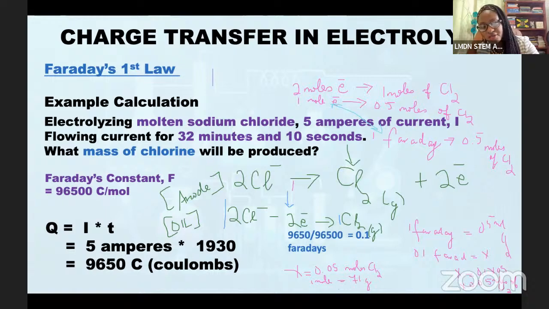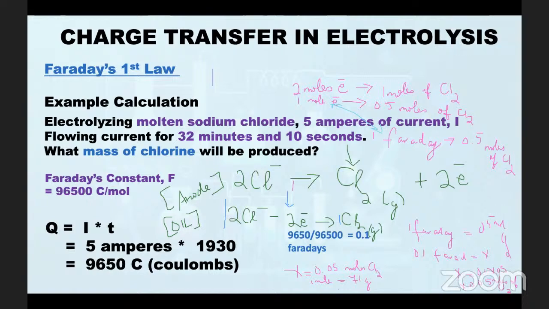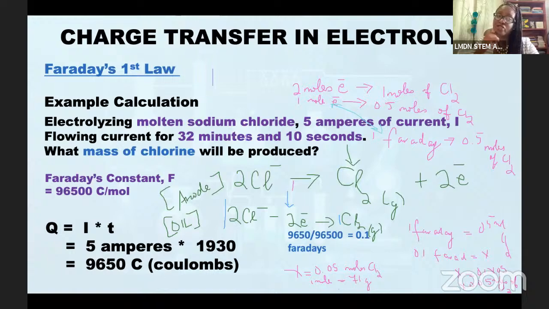So 0.05 moles is how many grams? 3.55. Exactly, 3.55. And trust me, it makes a big difference if you were to say 3.5 grams versus 3.55 grams.